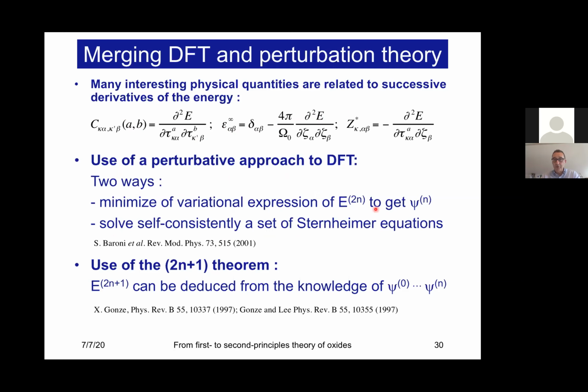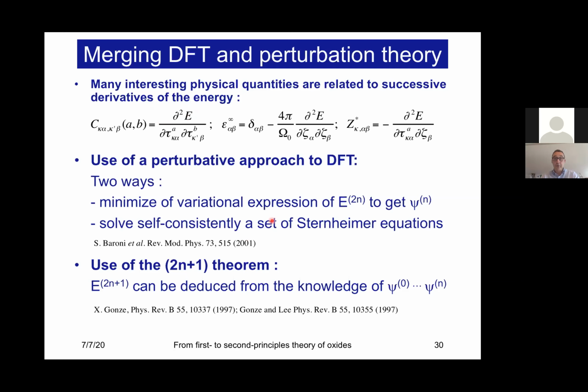Basically, these two approaches are to minimize a functional as we did in DFT before, or using a set of Sternheimer equations that is basically equivalent to solving the set of Kohn-Sham equations. And in these cases, we can access the derivative of the energy, and so these physical quantities.